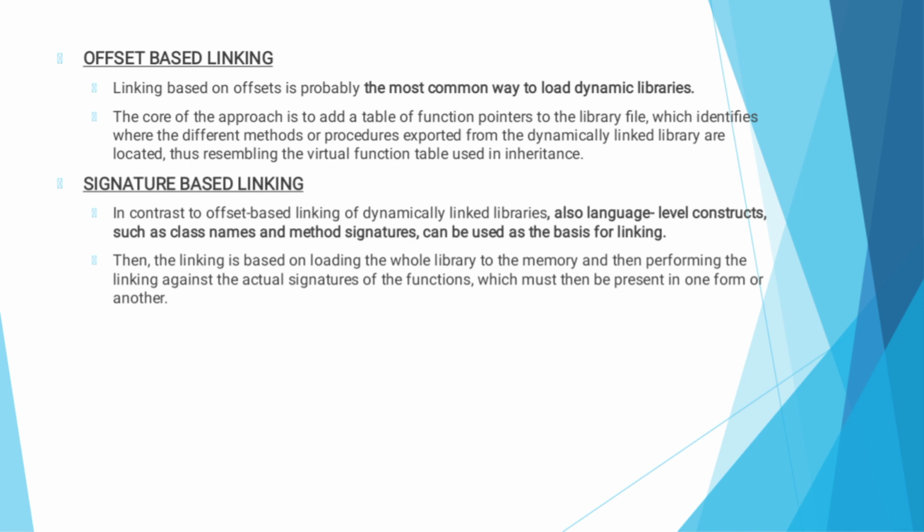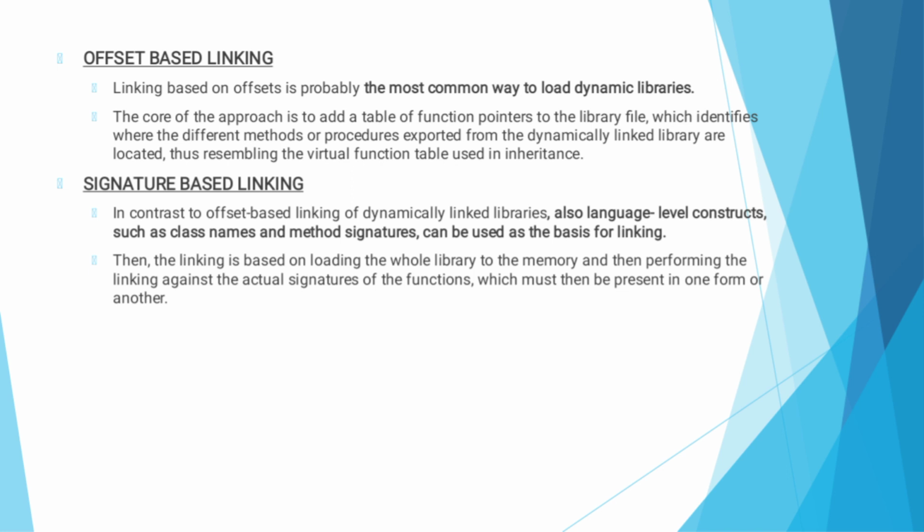The core of the approach is to add a table of function pointers to the library file which identifies where the different methods or procedures exported from the dynamically linked library are located, thus resembling the virtual function table used in inheritance. And the second one is signature based linking.